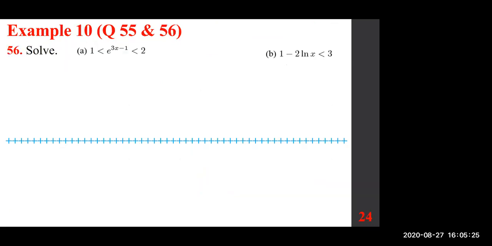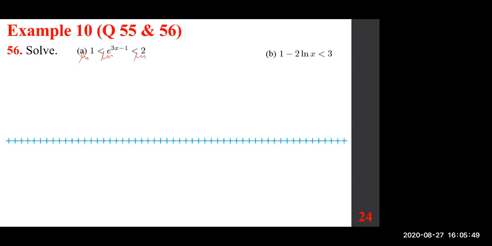All right, we want to solve this inequality. So one easy way, in order to get to x, we can take the natural log of all 3 sides. The natural log of the left side is ln 1, in the middle gives us 3x minus 1. So this is ln, this is ln, this is ln.